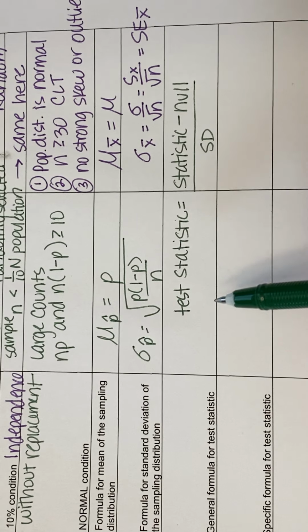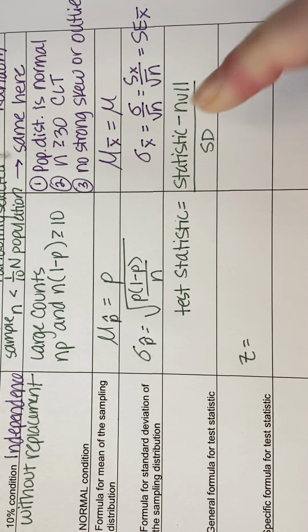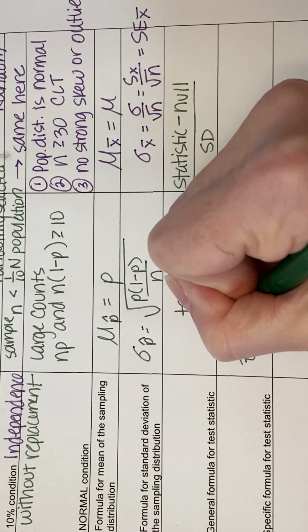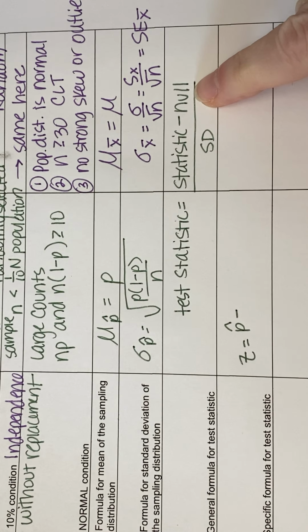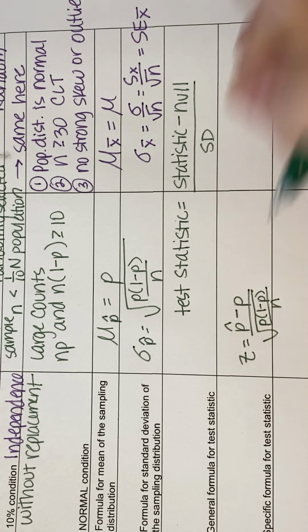All right, so your test statistic for proportions is Z, and that's equal to the statistic, p hat, minus your null or your claim, which is p, divided by the standard deviation, which is right here: the square root of p times 1 minus p over n.